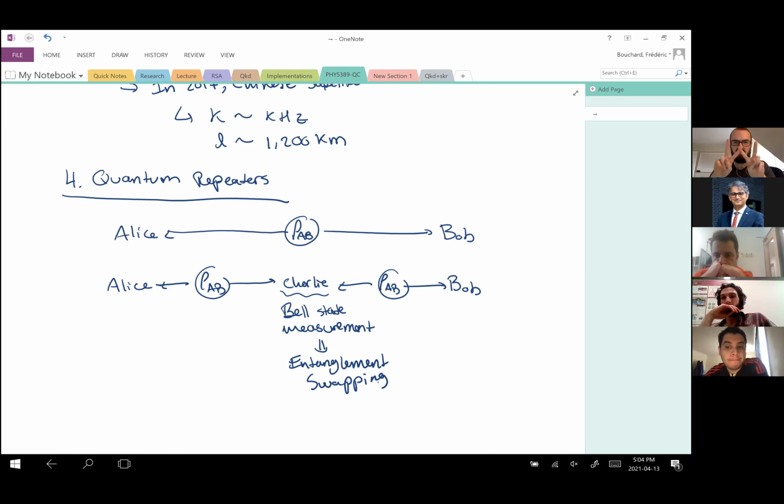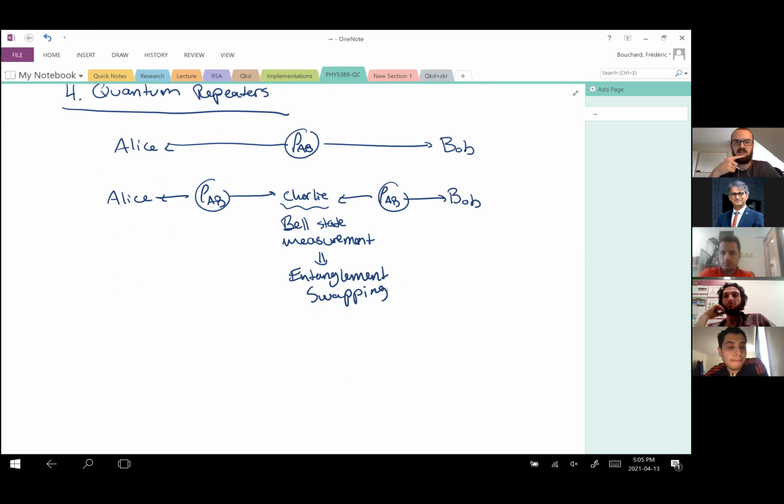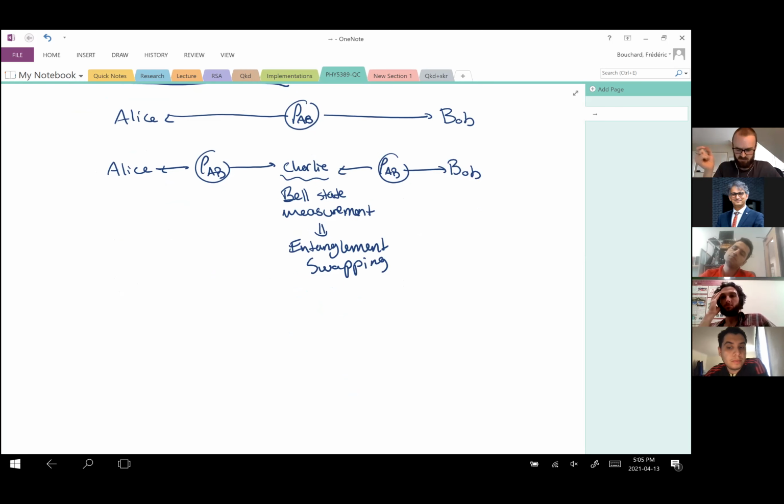If Charlie makes a Bell state measurement, he can turn the entanglement back to these 2 photons. So this is essentially the same case as the first one up there, but your photons went through smaller distances, and you can keep breaking up your distance into less and less, with smaller distances, but you need more repeaters.